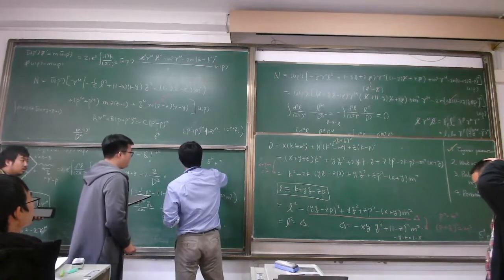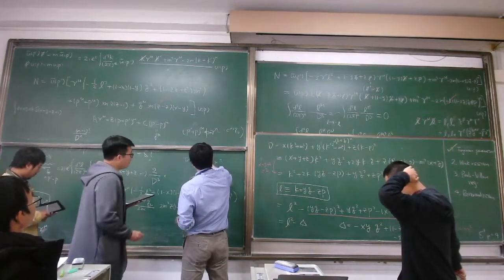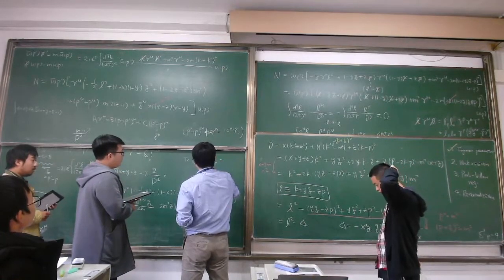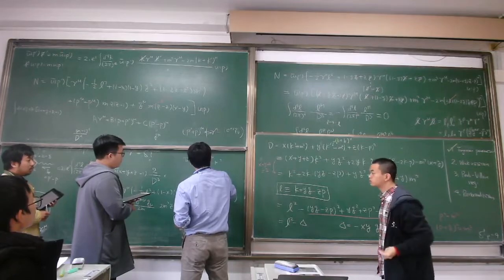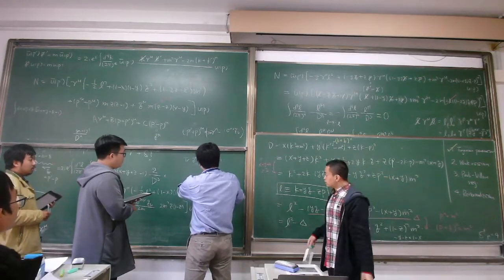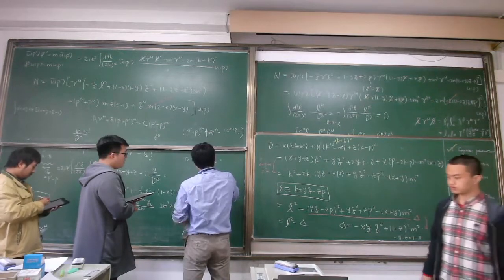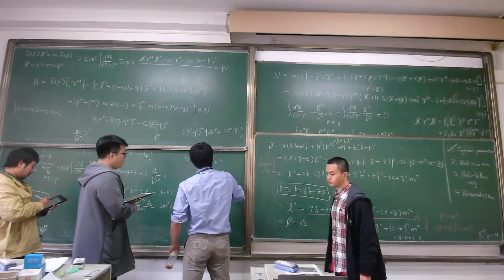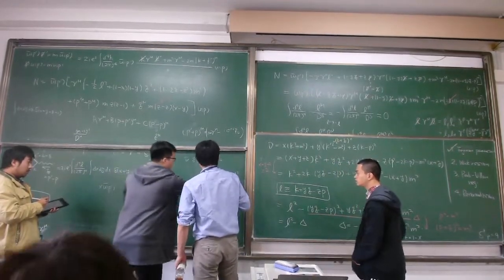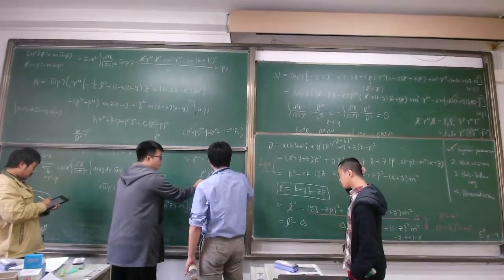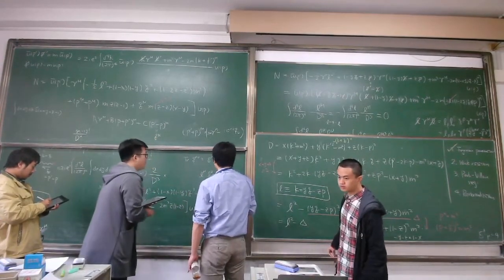When you take a trace, you need to lower the index. So when you take a trace, it means that you just take mu and mu and contract them. So only this. Yes, you need to lower the index.